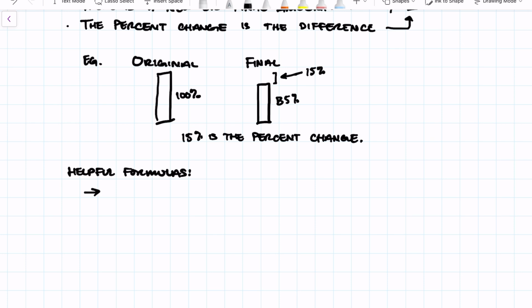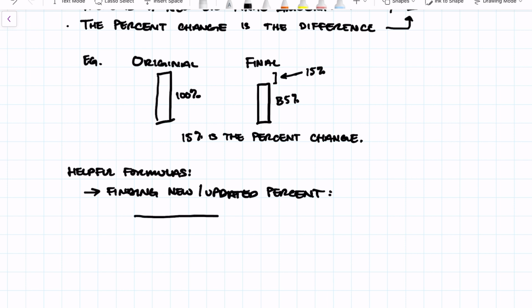Sometimes you want to find out what the final new percent is, right? So finding the new or updated percent. The way that you're going to calculate this is by division.